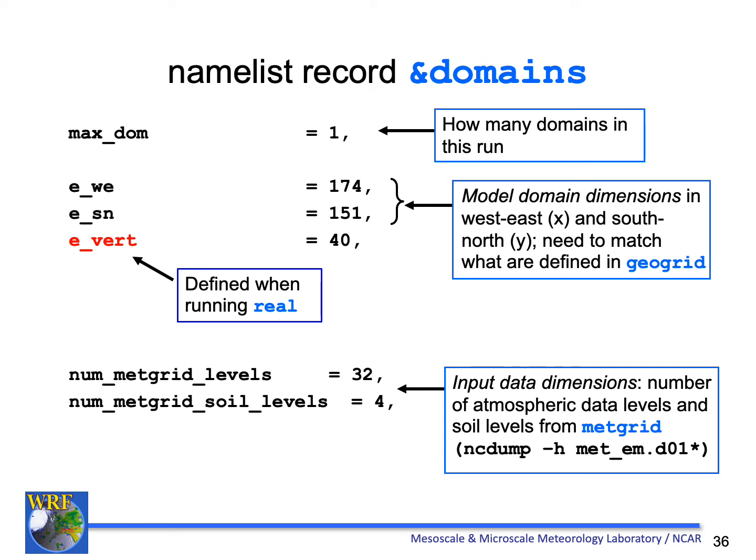The next two variables are dimensions from the metgrid output data, and hence must match the values from the data file. num_metgrid_levels is the number of vertical levels in the input data, and num_metgrid_soil_levels is the number of soil data levels from the input data. We can use ncdump to find out these numbers.